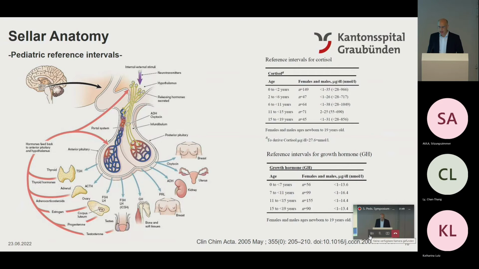So it may vary from age, from weight, and puberty. So I found literature that shows that, for cortisol, for example, and growth hormone, the normal range values may vary. But I will probably hear more about this in the afternoon, which is a very interesting topic.